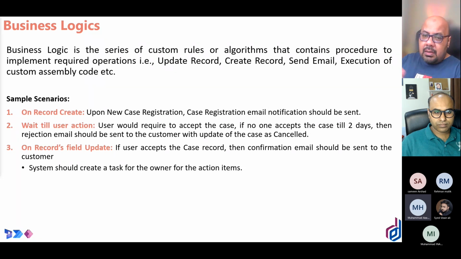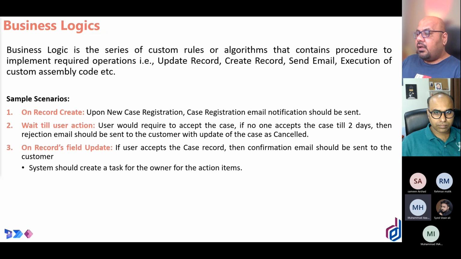So based on the business requirement, whatever need you have, you are going to set up business procedures to take the action. In a second scenario, you have to wait until the user completes their action.